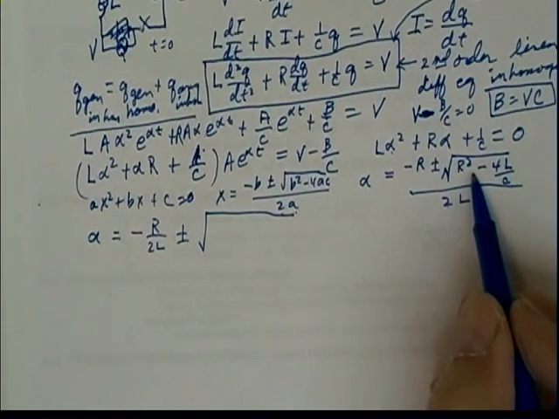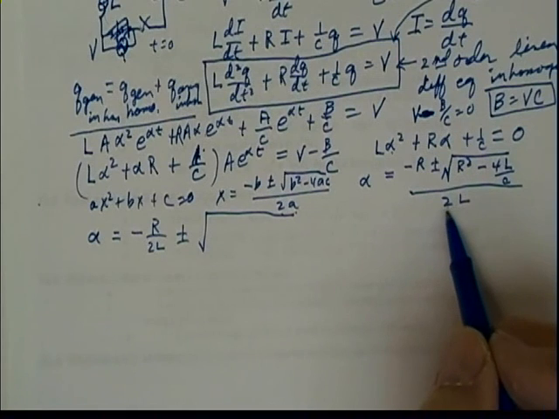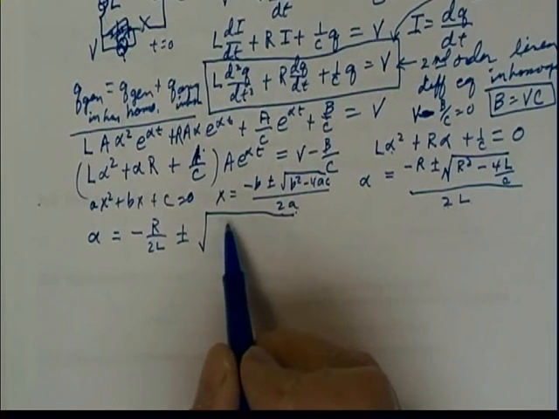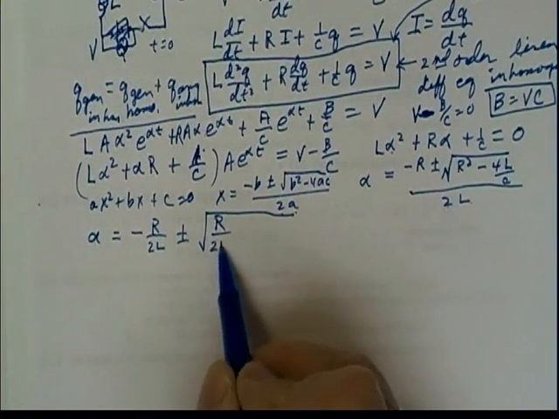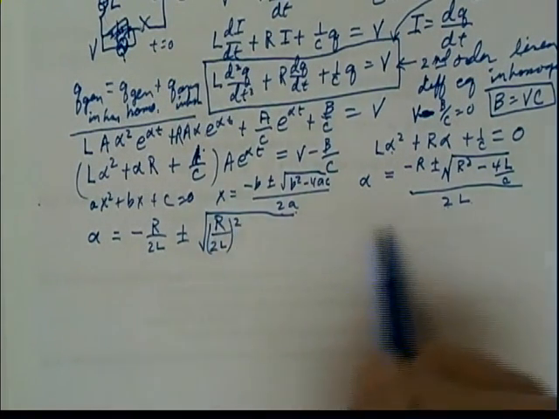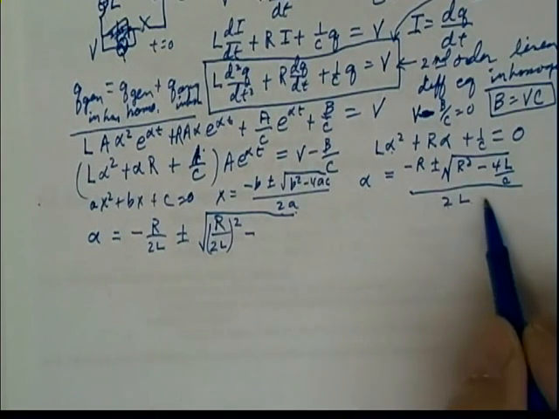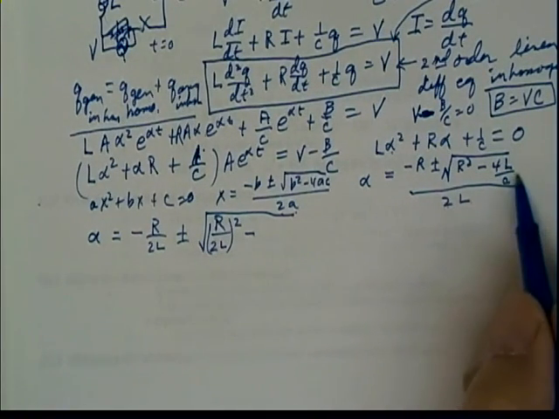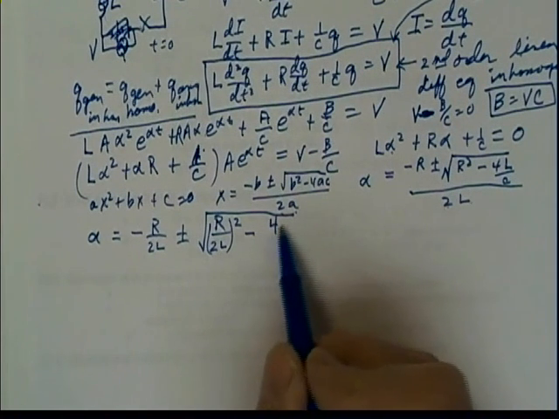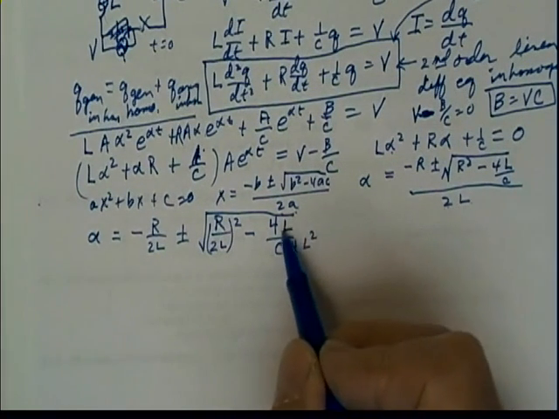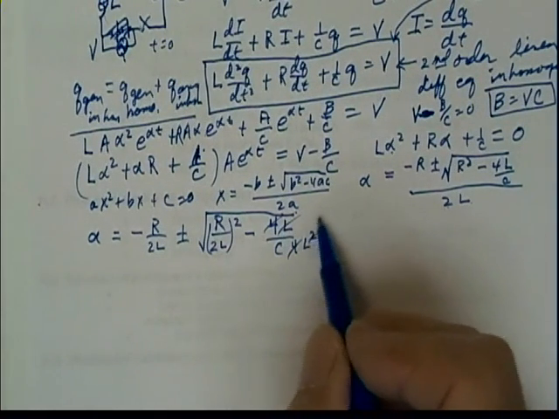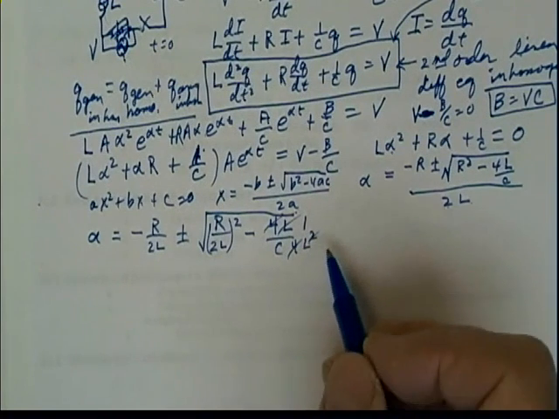And now I'm going to put this inside the radical, the square root, where it becomes 4L squared. So that would give me R squared over 4L squared, or R over 2L quantity squared. Then this last term becomes minus, again, a 4L squared goes in, that would be 4L over C. I'm going to divide by 4L squared. And you can see that the 4 cancels the 4, an L cancels an L, and I end up here with 1 over LC.